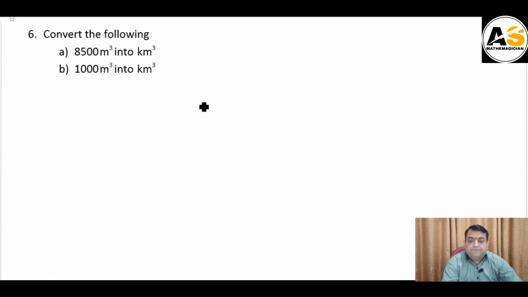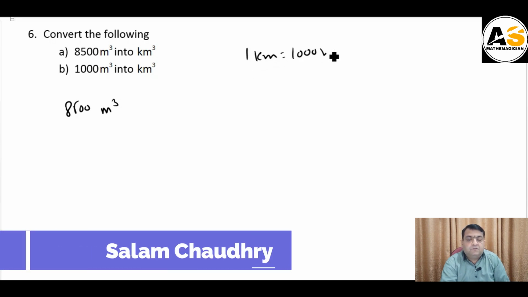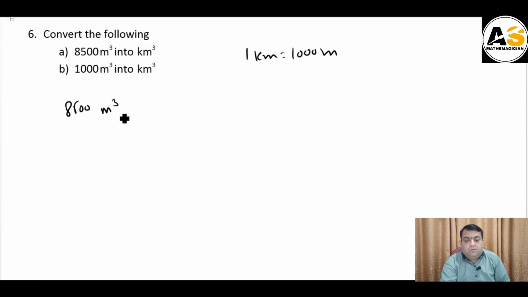Today's last question. We have to convert 8500 meter cube into kilometer cube. 1 kilometer is equal to 1000 meter. Meter cube is a smaller unit, kilometer cube is a larger unit. When we are moving from meter cube to kilometer cube, we will divide by 1000 cube.